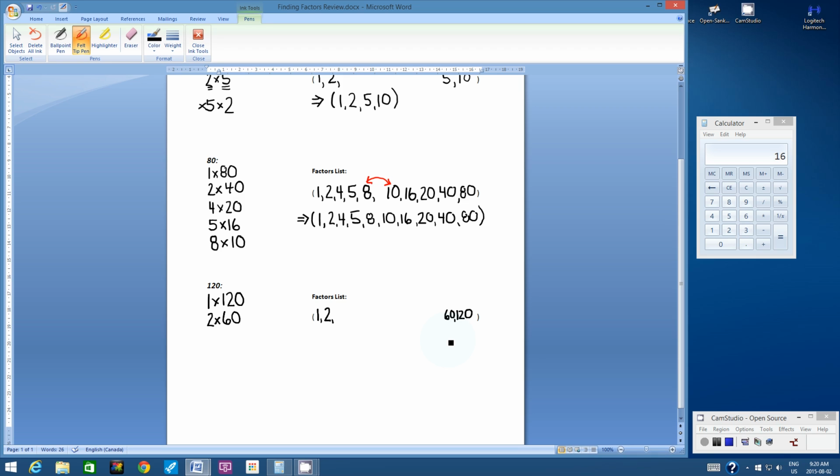So if you answer that 3 does go into 120, well, what's the other number that you have to multiply 3 by to get 120? All right, I got 40. So let's add that to our factors list.